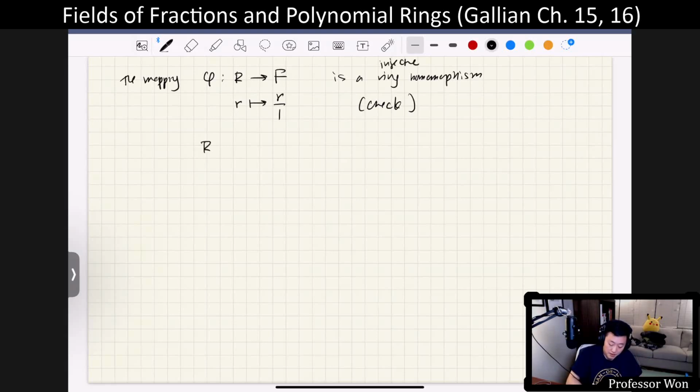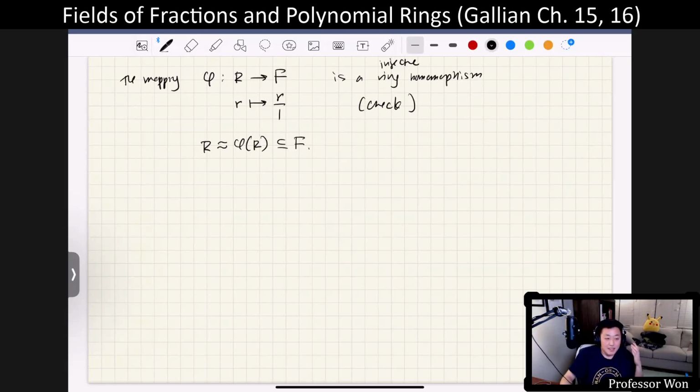In other words, R is isomorphic to phi of R, which is a subring of F. Therefore, F does indeed contain a subring that's isomorphic to R. Okay, and then let me just gloss over this.